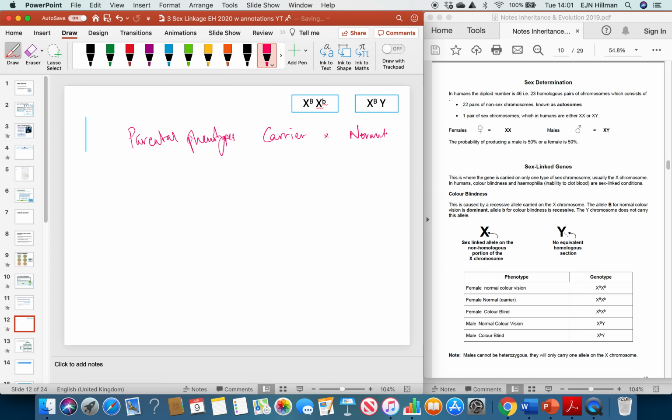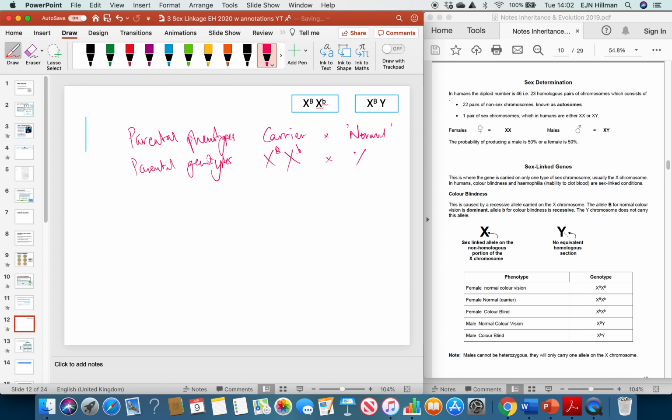and I'm using the phrase here, normal. A bit problematic, perhaps. The parental genotypes. Well, the carrier, we've already done this, haven't we? She's got a dominant allele on one X chromosome and a recessive allele on the other.